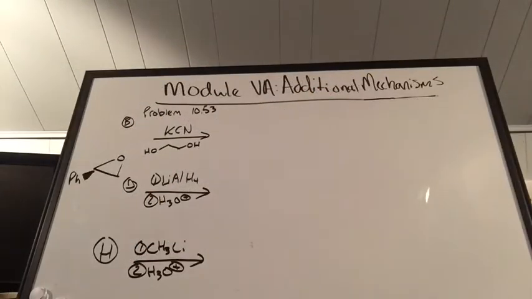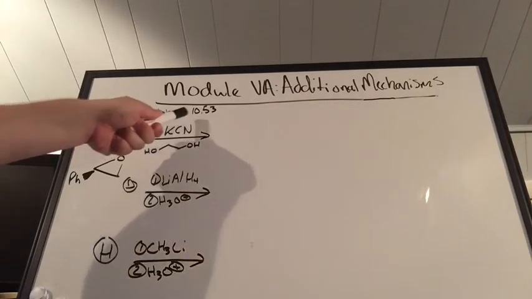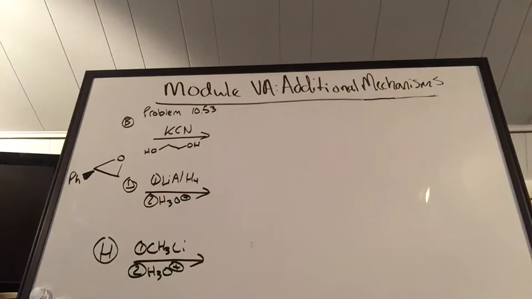Okay, so this is going to be an exercise, problem 10.53, epoxide ring opening again. So we have three different examples here. The first is going to be KCN, or potassium cyanide, in what is referred to as ethylene glycol.